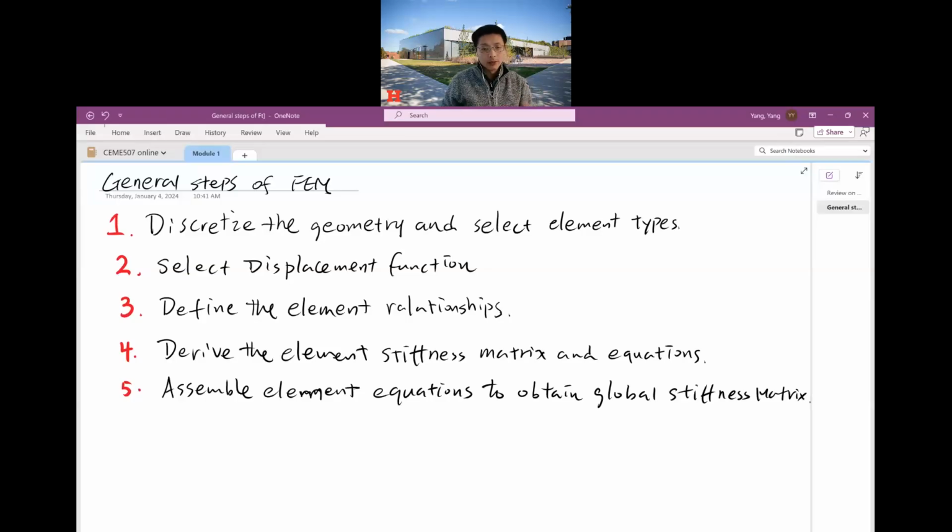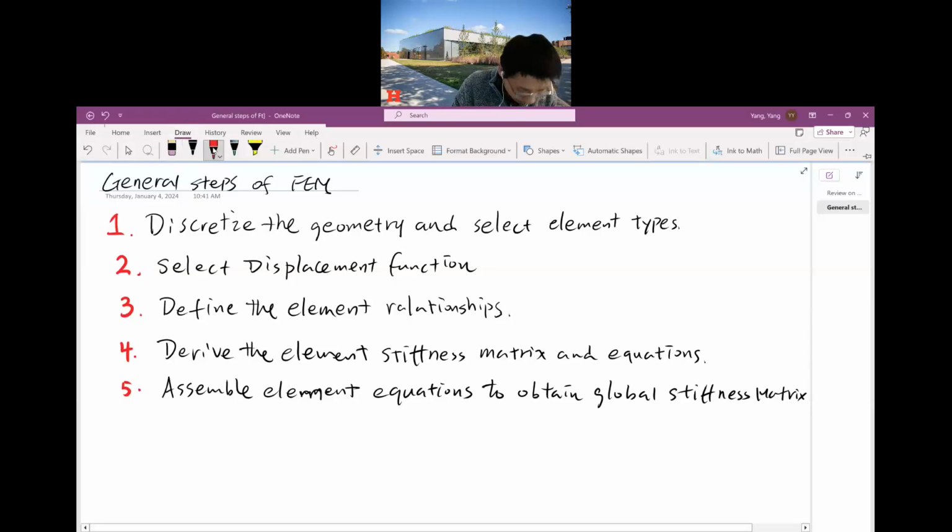So after we have the elemental stiffness matrix, we should be able to follow the principle of equilibrium, or follow the relations between different or adjacent elements to obtain the global stiffness matrix.